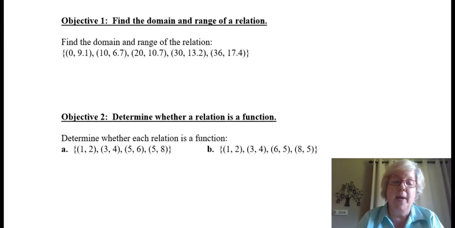Now, for ordered pairs, notice the ordered pairs in my first example under Objective 1. It asks us to find the domain and range. Now remember, the domain would be all of the x values. So I would simply pick those out. The x values would be 0, 10, 20, 30, and 36.